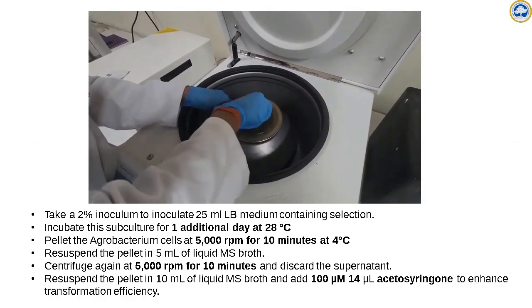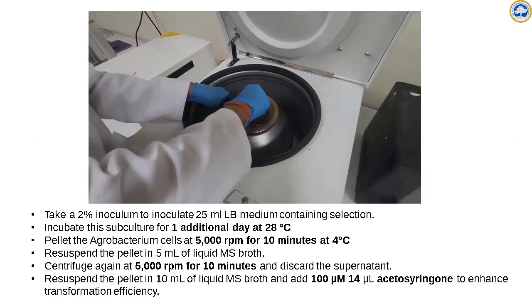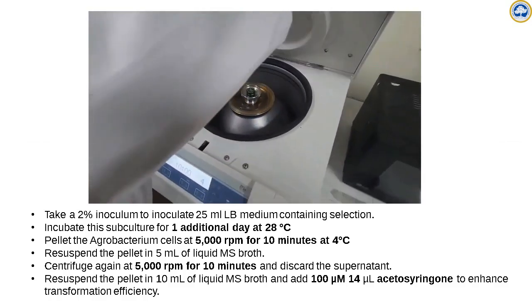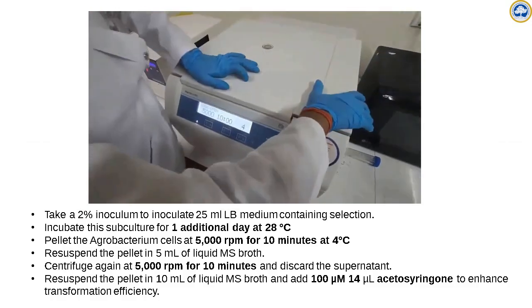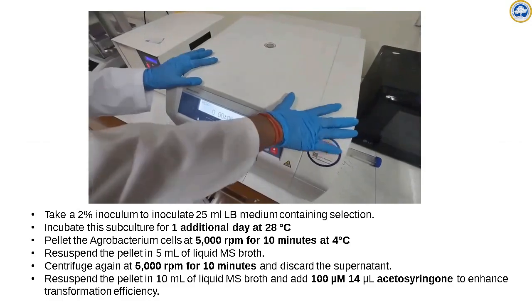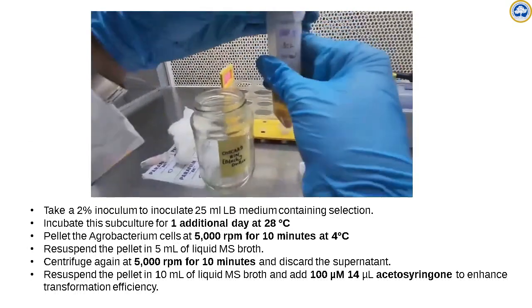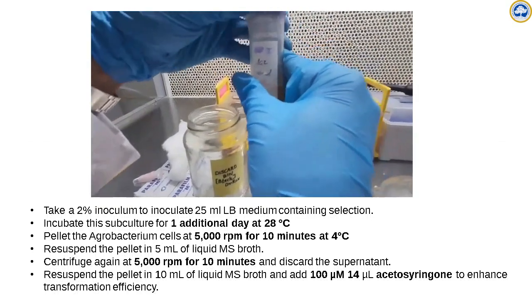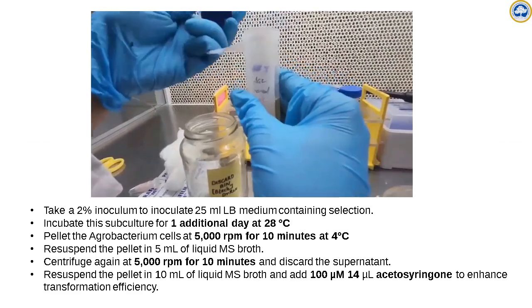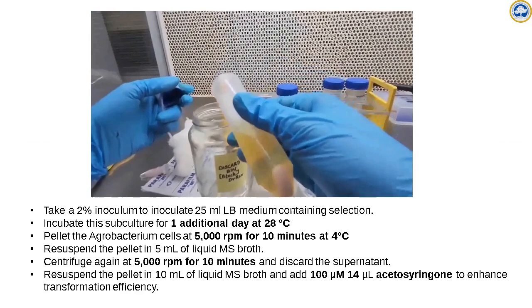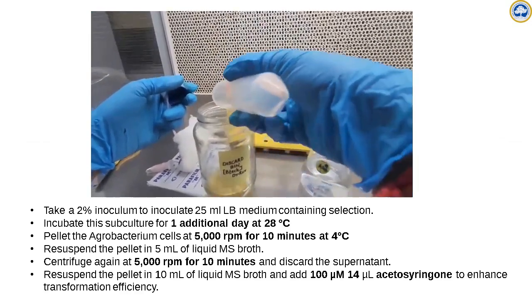Once the pellet is prepared, it is washed a couple of times using MS broth in order to remove the residual antibiotics, dead cells and other floating debris. Then we discard the supernatant and resuspend the pellet in 10 to 15 ml of MS broth.